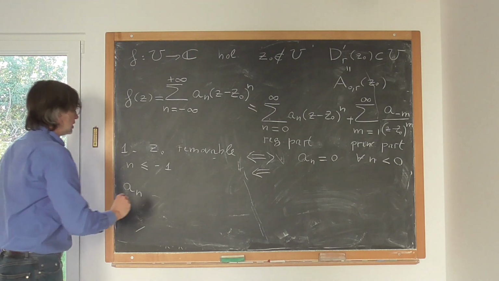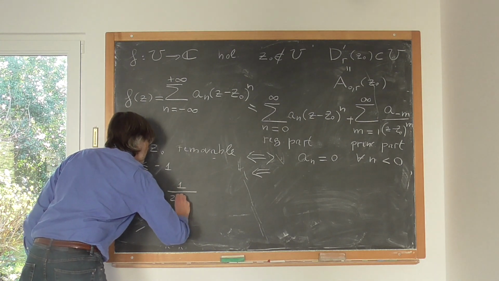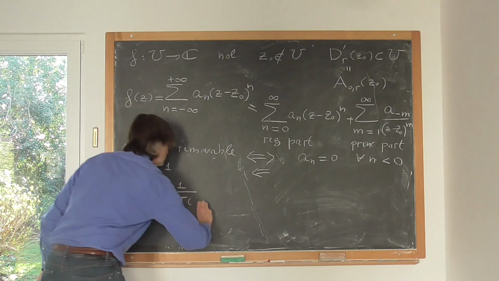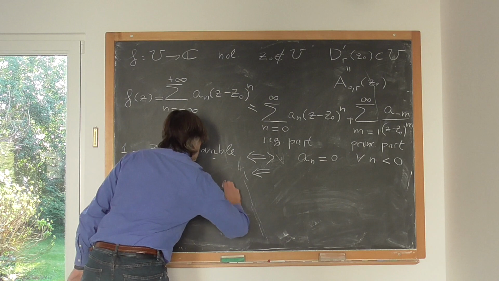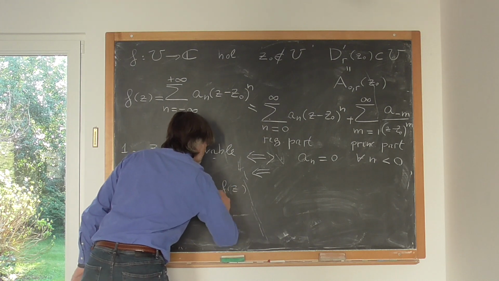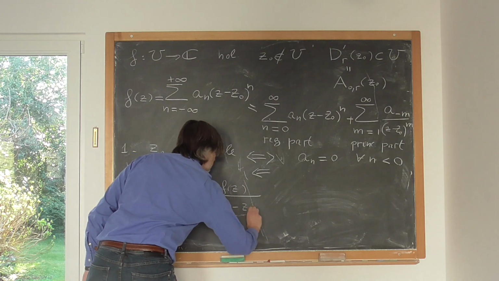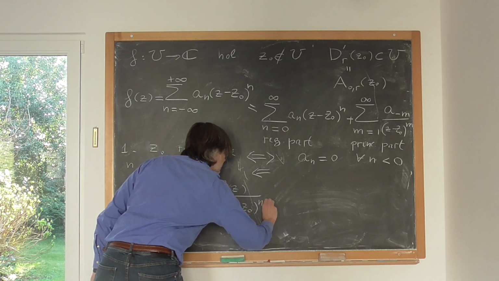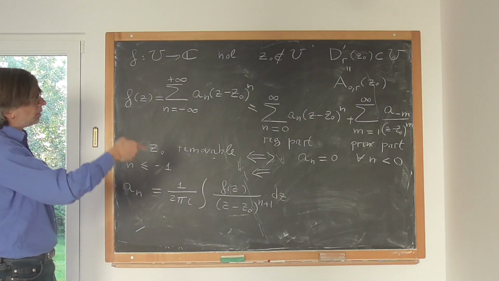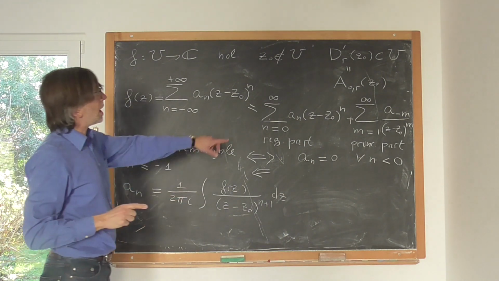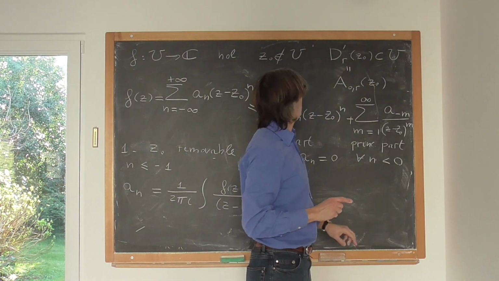What we know is that a_n is 1 over 2 pi integral of the function f of z divided by (z minus z naught) to the power n plus 1 dz, and this is an integral on a circle surrounding z naught and contained in this punctured disk.